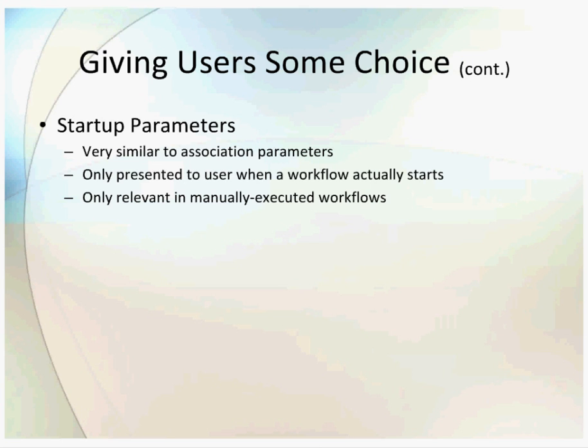But when someone starts a, say, route this document for approval workflow, they could decide that the approver that the task needs to be sent to is a completely different person. But that's better than the coder deciding in advance who the approver is supposed to be. So it's a nice way to give people choices to fine-tune specific things about a workflow rather than putting everything in the hands of the developer.